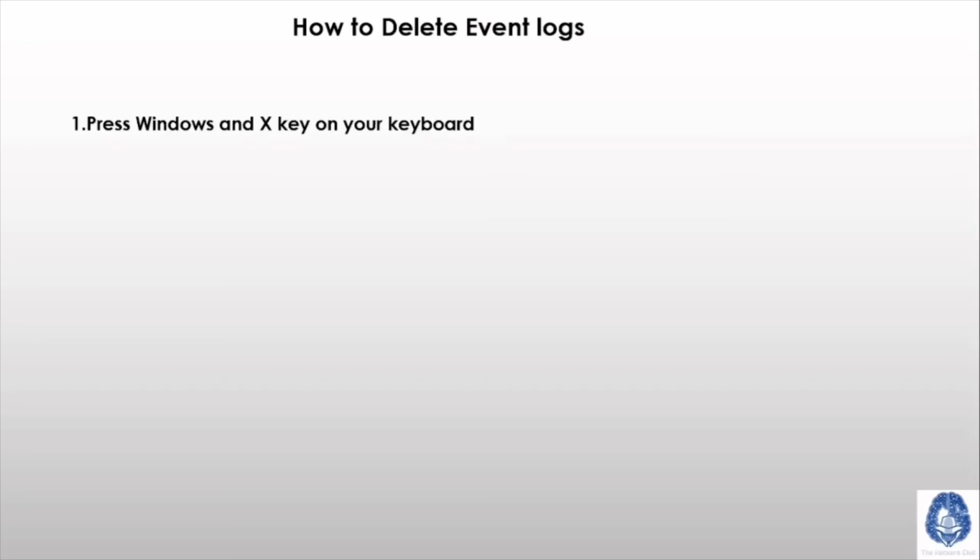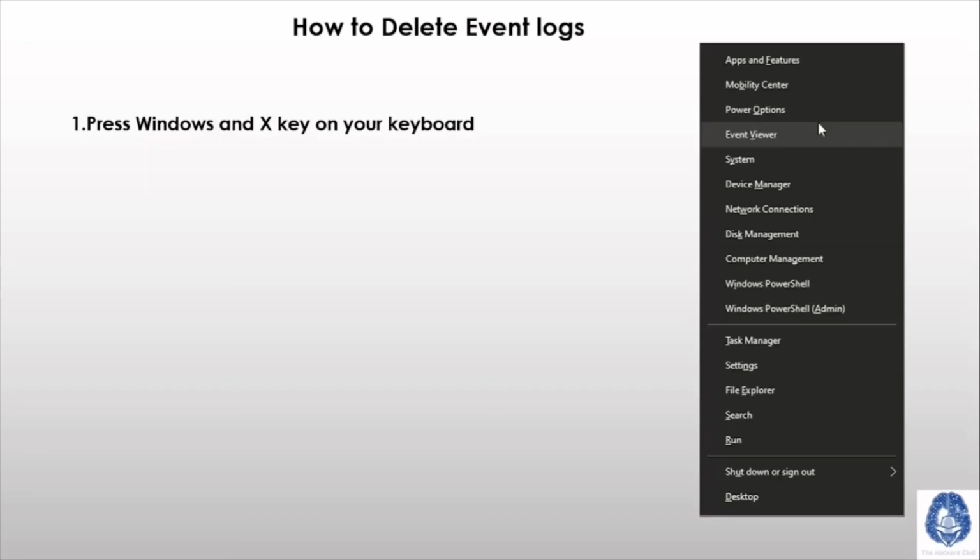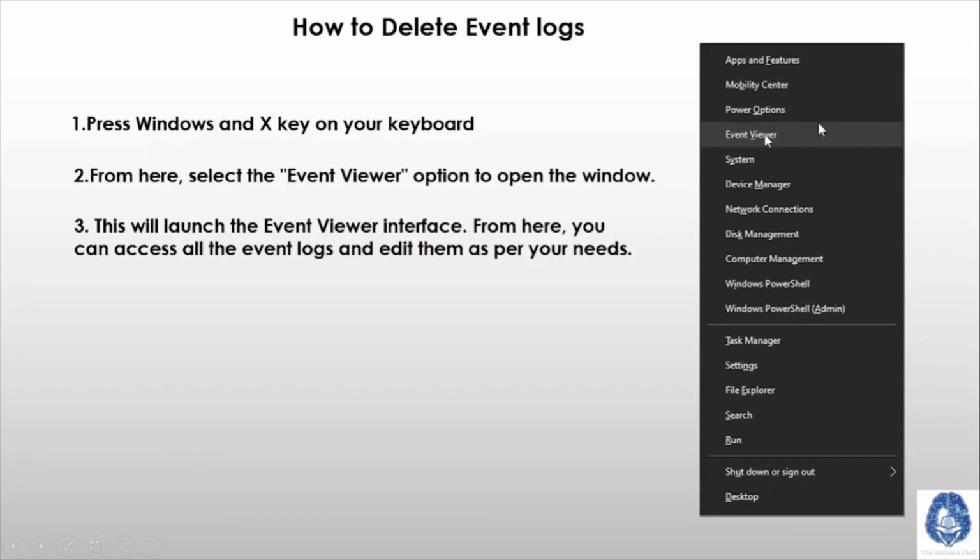When you press the Windows and X keys on your keyboard, this pop-up appears. Okay, you can see the pop-up here, and from here select Event Viewer. You can see the Event Viewer option to open the window. This will launch the Event Viewer interface.